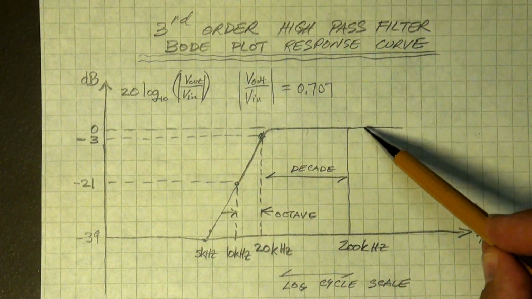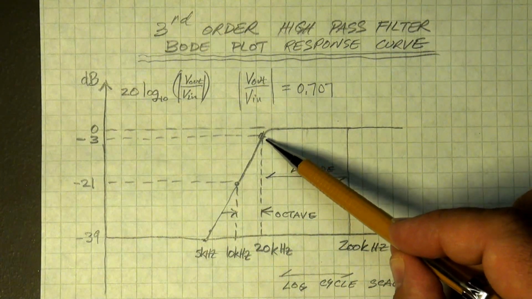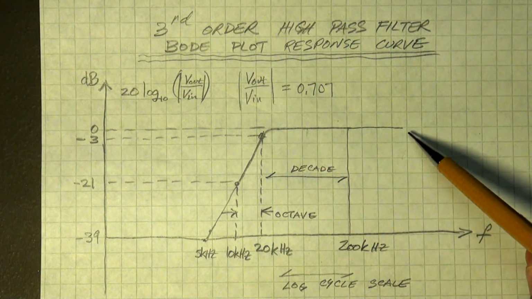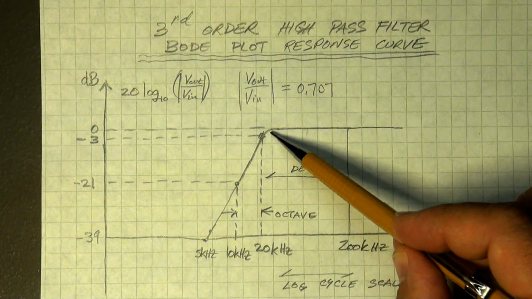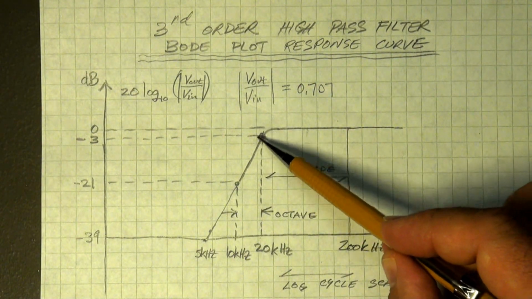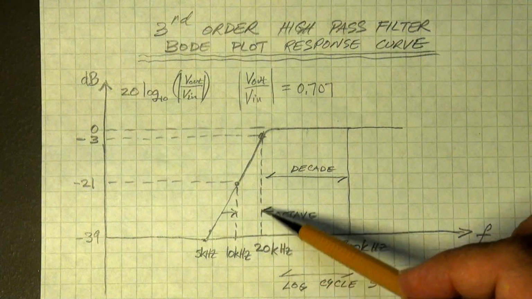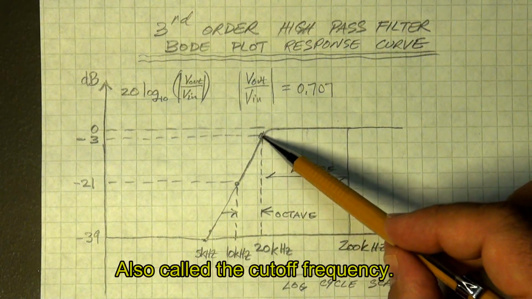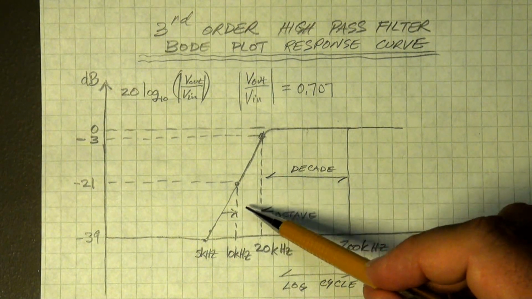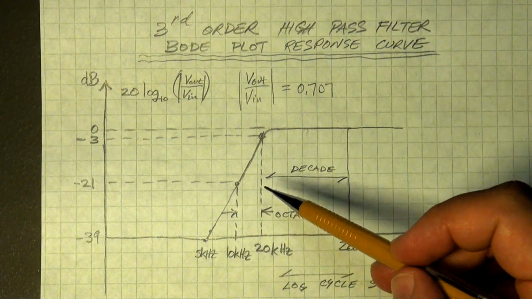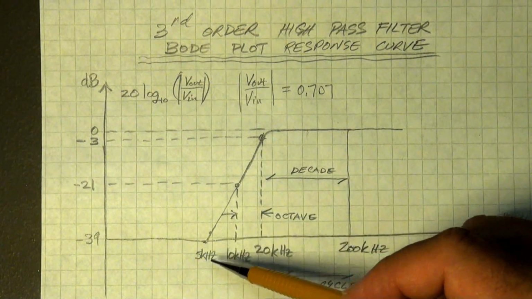A horizontal curve that corresponds to the passband of the filter, and a sloping curve at the filter's break frequency or corner frequency that slopes downwards at 18 decibels per octave for a third order filter.